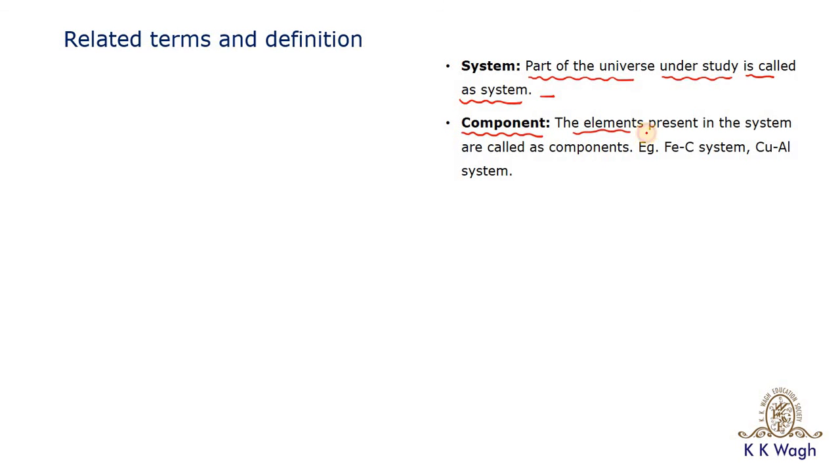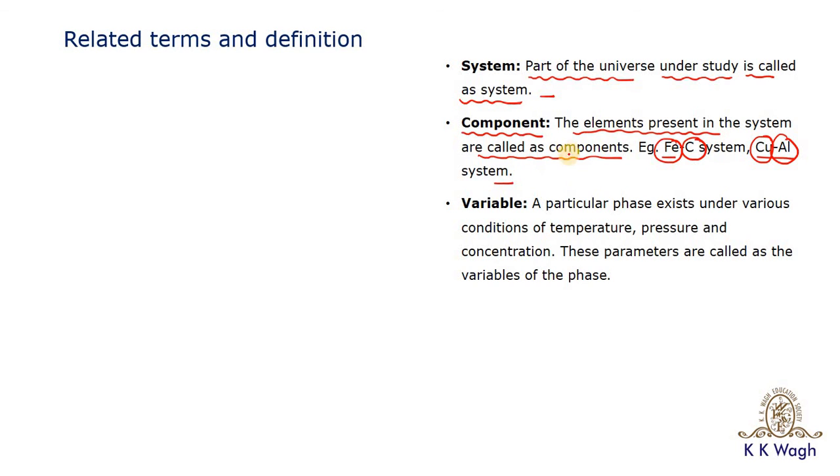The elements present in the system are called the components. Example: in the iron-carbon system, the iron, that is Fe, and the carbon are called the components. Also, in the case of the copper-aluminum system, these two elements, copper and aluminum, can be called the components.